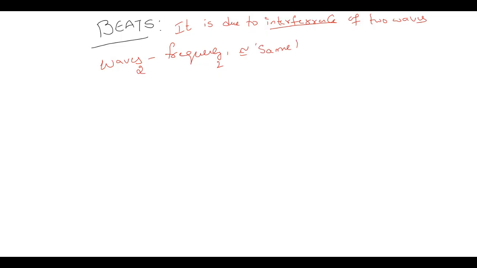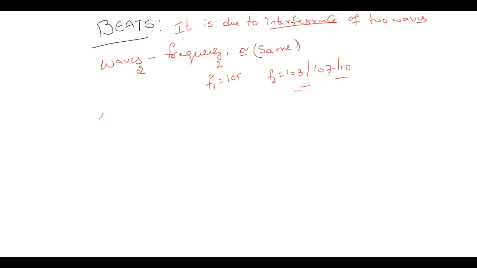Approximately same means they are not equal, but for example, let us take 105. Then this can be like 103 or 107 or 110, almost close, approximately same.